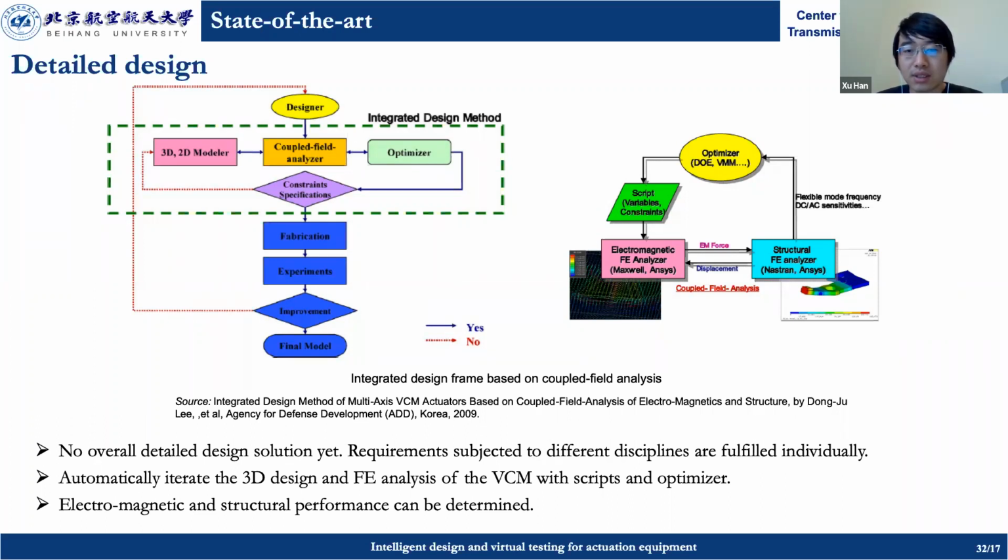The electromagnetic analysis and the structural analysis are done separately in individual simulation environments. And the coupling analysis and the optimization can be achieved by specific algorithms. And at last, after all the characteristics are analyzed, the final solution is formulated. Next slide, please.